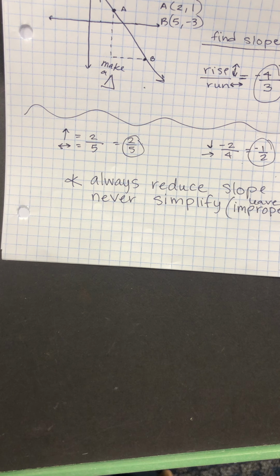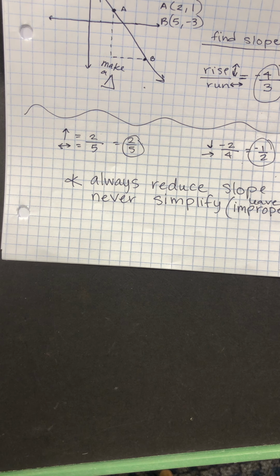And then from there, how many spaces over to get to 2, 4? 5. So that's how we get 2/5. Does that make sense? So from here, we went here, we're going to make our triangle this way. We went up 2 to get to this line, and then 1, 2, 3, 4, 5. So you're just counting the spaces.